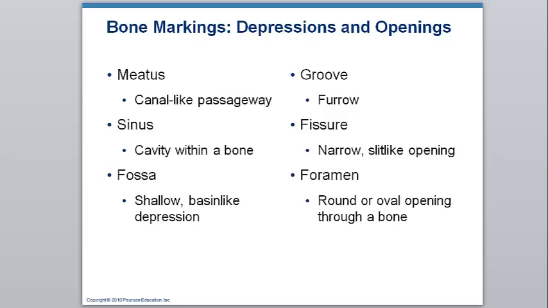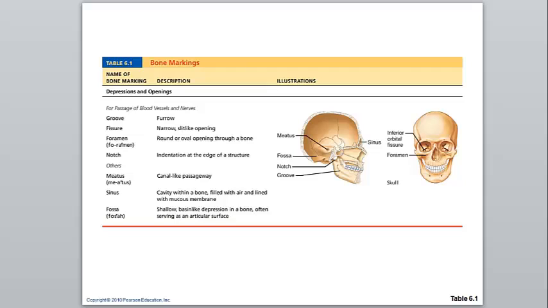Apart from those markings that we mentioned, there are certain depressions and openings in your bones that provide openings for your blood vessels and nerves, and depressions to hold certain organs as well. That'll include your groove, fissure, foramen, notch, meatus, sinus, and fossa. These are the names that you are going to encounter again and again in the next chapter.